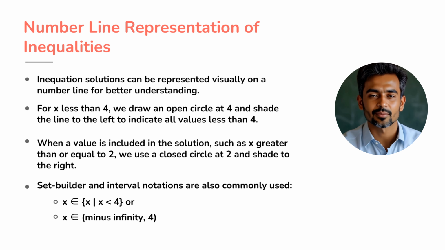If A is less than B, point A lies to the left of point B. If A is less than or equal to B, then point A is either to the left or exactly at B. On the other hand, if A is greater than B, A is to the right of B. And when A is greater than or equal to B, A is either to the right or coinciding with B. This visual representation really helps make inequalities more intuitive. The number line provides a simple but powerful way to understand inequalities and compare values at a glance.